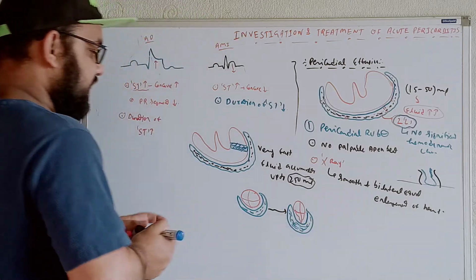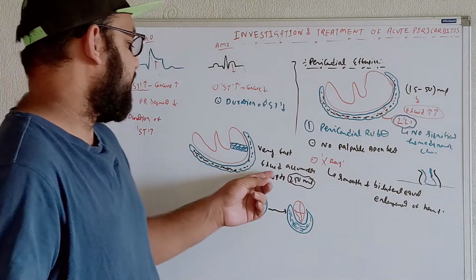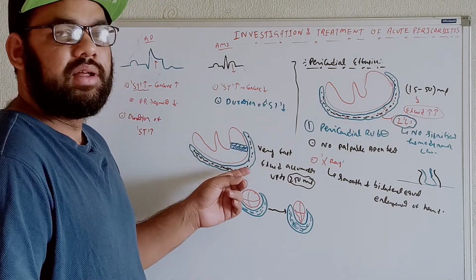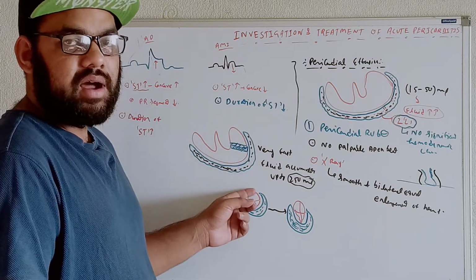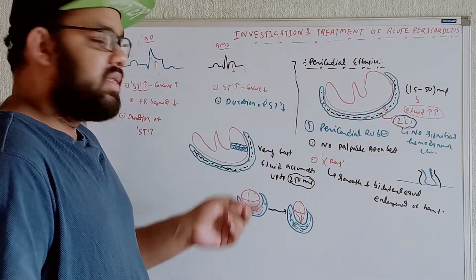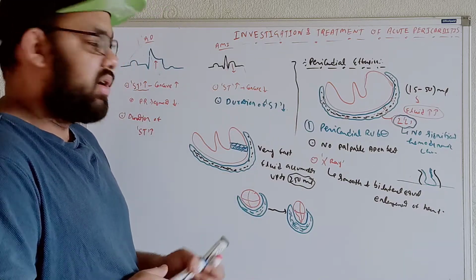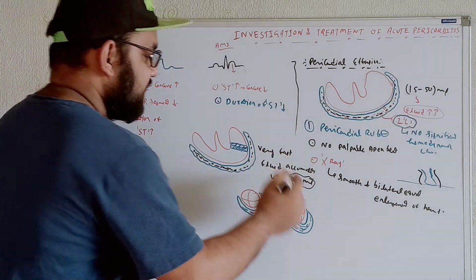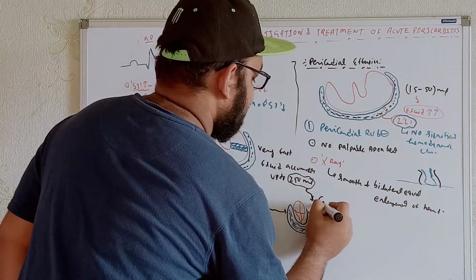And this thing is known, whenever we see the very first fluid accumulation within the pericardial cavity and the pericardium compresses the heart from all sides, as cardiac tamponade or pericardial tamponade, whatever you can say. This thing is known as cardiac tamponade.